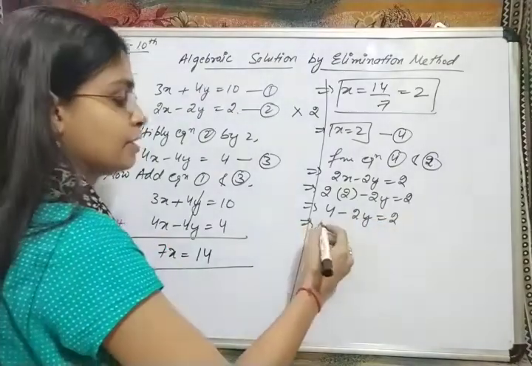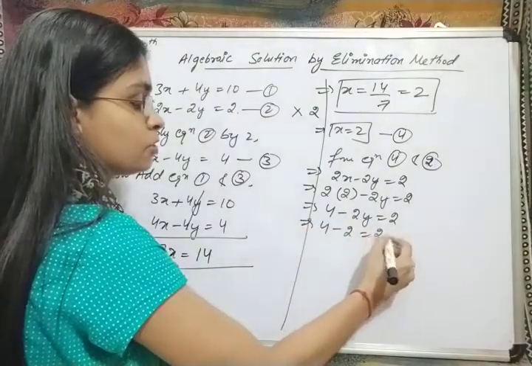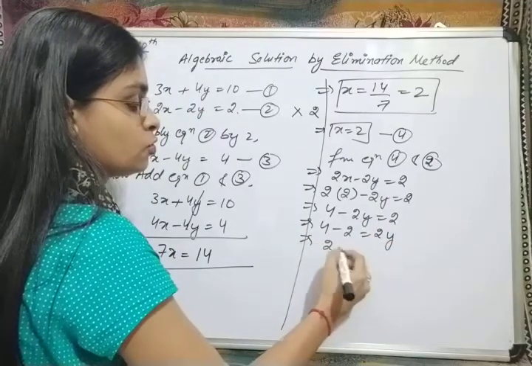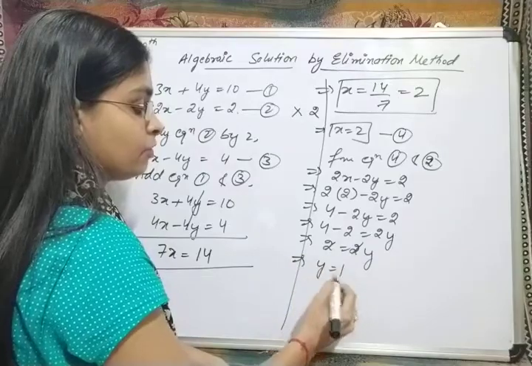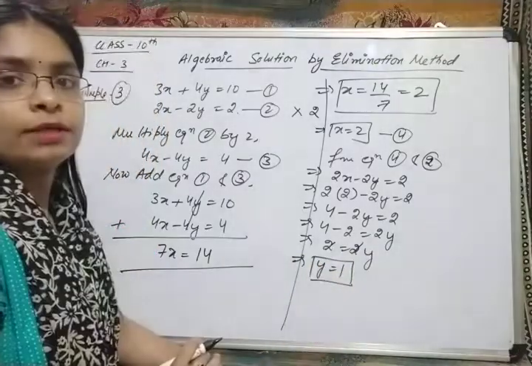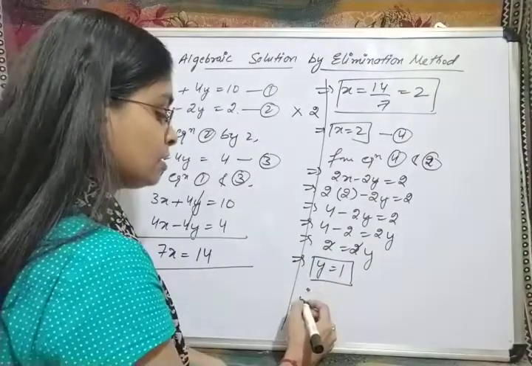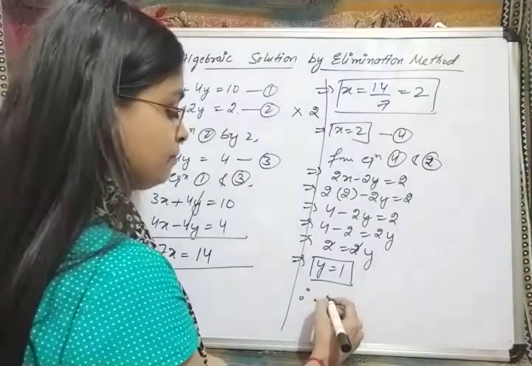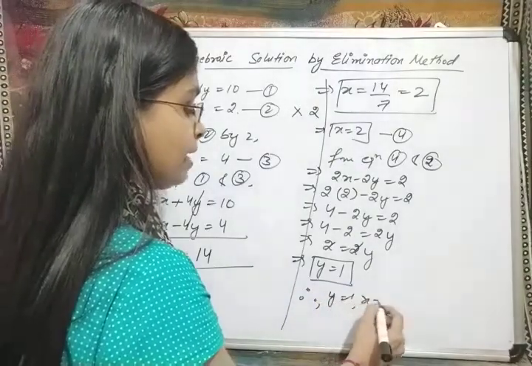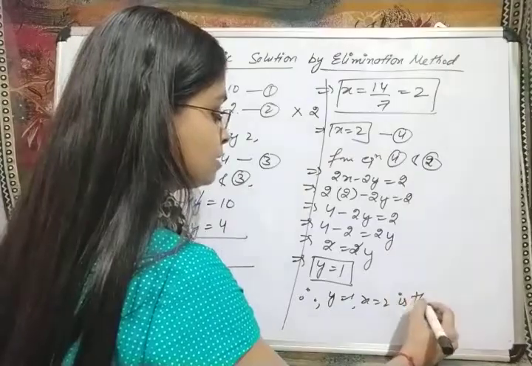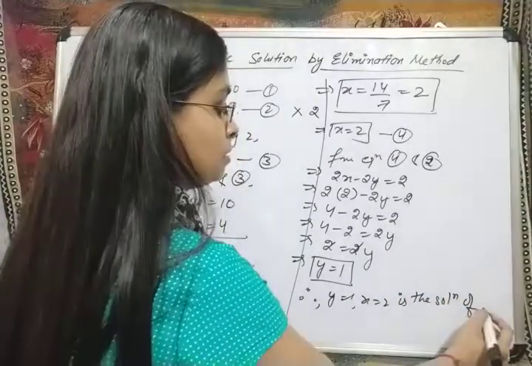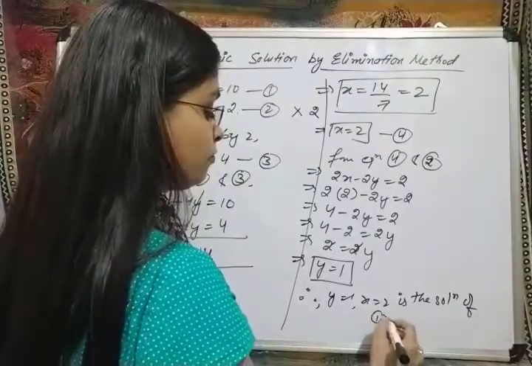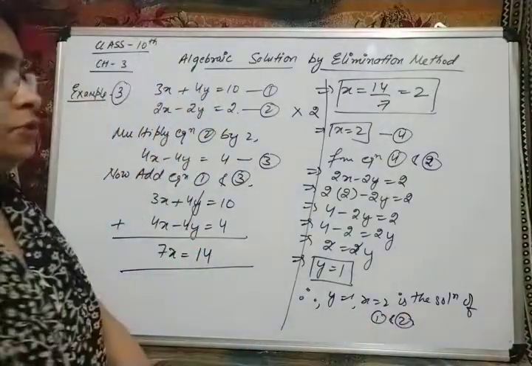So this can be written as 4 minus 2 is equal to 2y, which is 2 is equal to 2y. 2 and 2 will get cancelled and the value of y will be 1. So what is the solution? Therefore y is equal to 1 and x is equal to 2 is the common solution of equations 1 and 2.